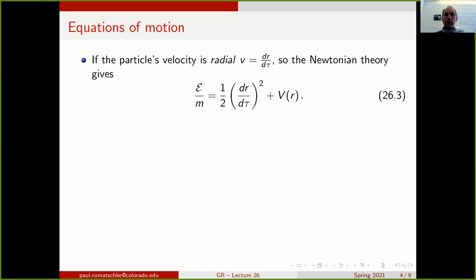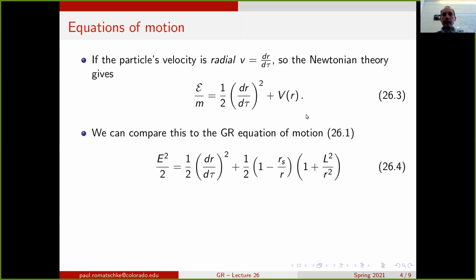If the velocity is radial, then the radial velocity dr/dt is just this velocity v. So in the Newtonian theory, if we divide by mass on both sides, the energy per unit mass is given as 1/2 v squared, which is now dr/d tau squared, plus the potential V(r). And that is very similar to the GR equation that we found, which is some constant, which you can then relate to the energy per mass.